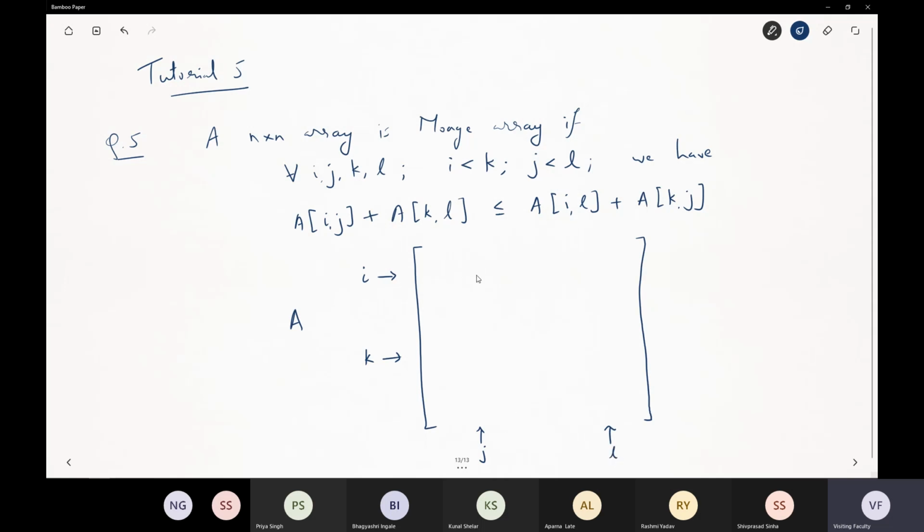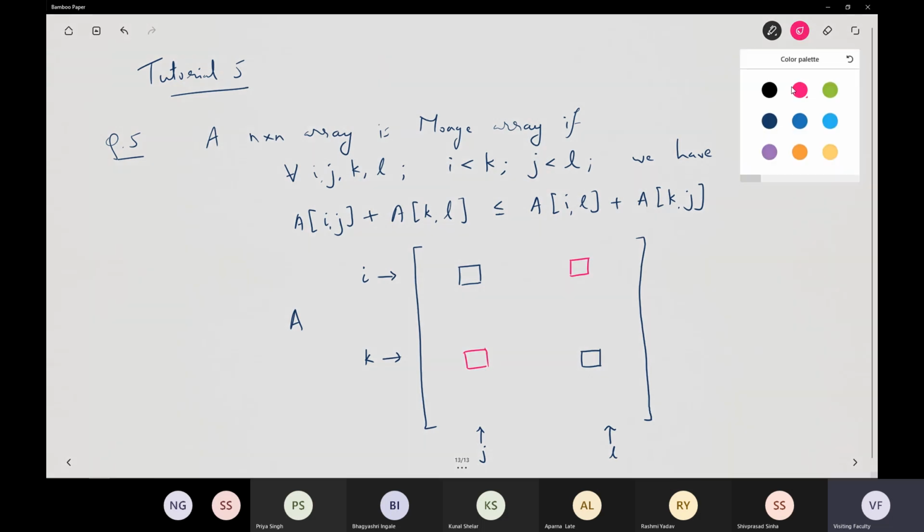So a_ij is here, a_kl is here, a_il is the cross element here, and a_kj is this element.